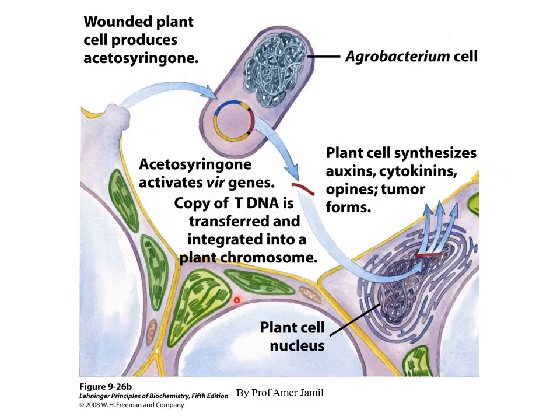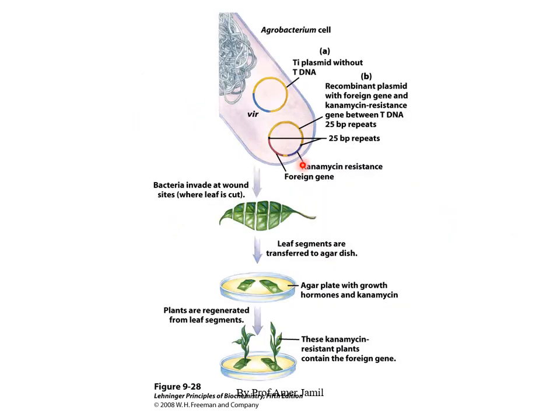So this information is utilized to make these transgenic plants. This is an Agrobacterium cell, and this is the tumor-inducing plasmid.